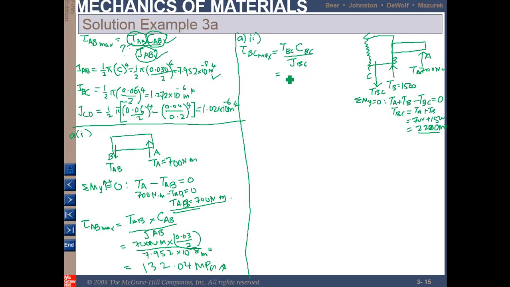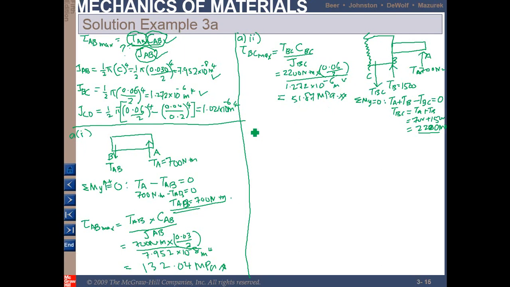So the value of TBC is 2200 Newton meter times CBC, which is 0.06 over 2, divided by JBC. JBC is this value, 1.272 times 10 to the power of minus 6 m4. So you get the shear maximum at point BC is 51.87 MPa.